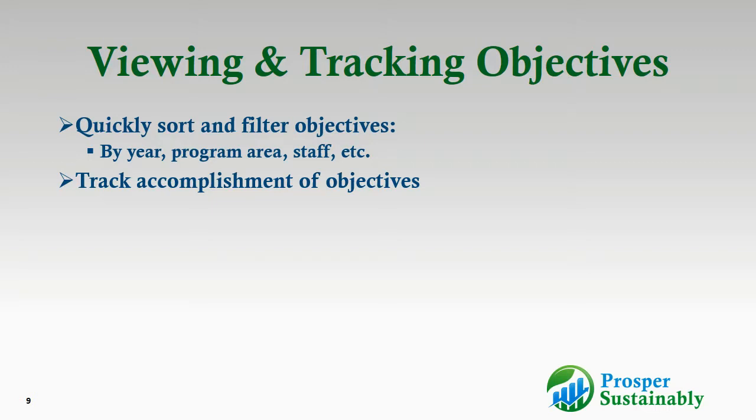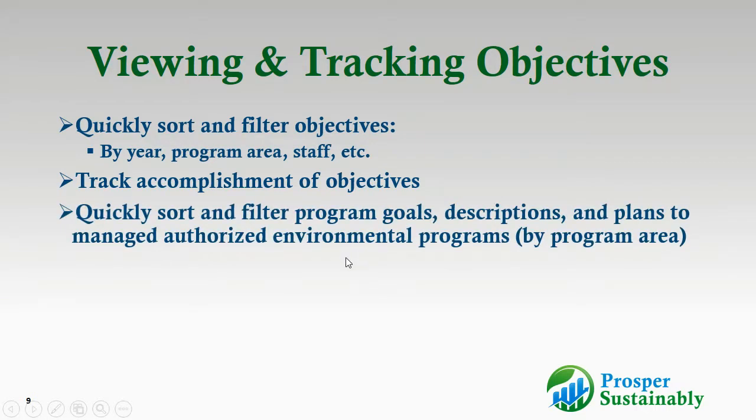That's really one of the main purposes of this whole plan. It's one of the EPA's main purposes, to be able to track the accomplishment of the tribe's goals and objectives, what type of progress is being made. It'll help you manage moving forward. You also have the opportunity to sort and filter your program goals, descriptions, and your plans to manage authorized environmental programs as well.